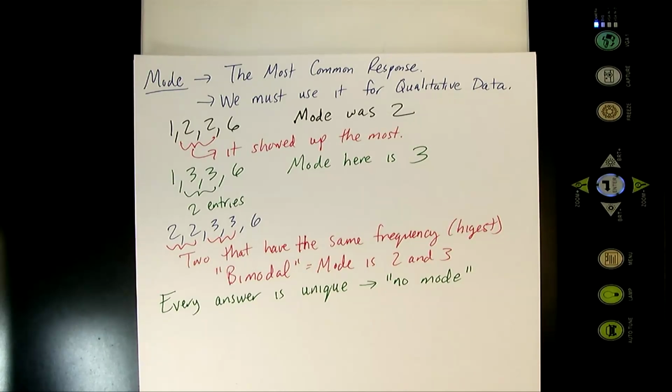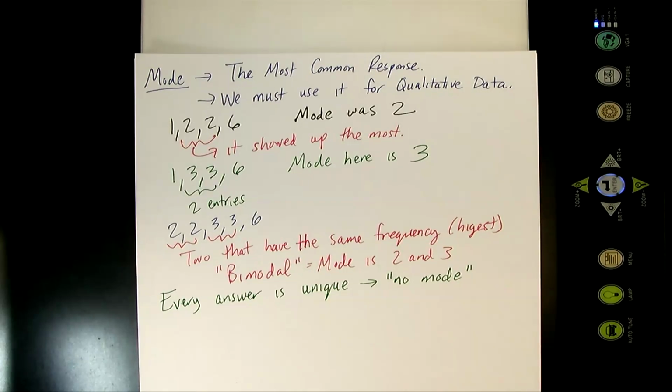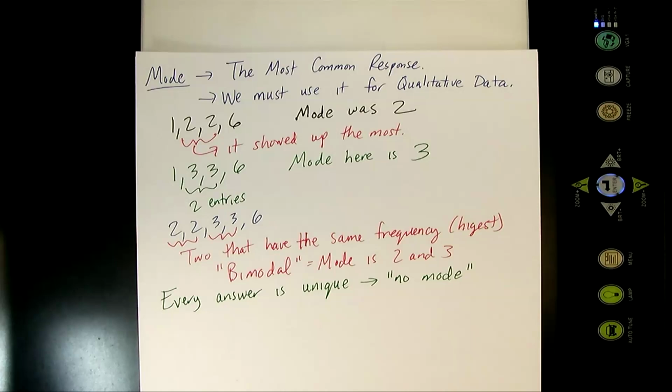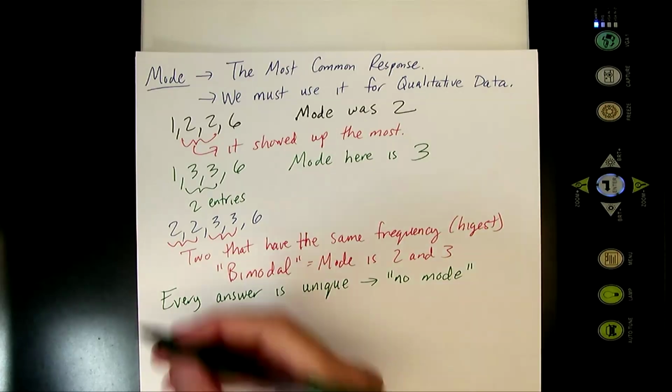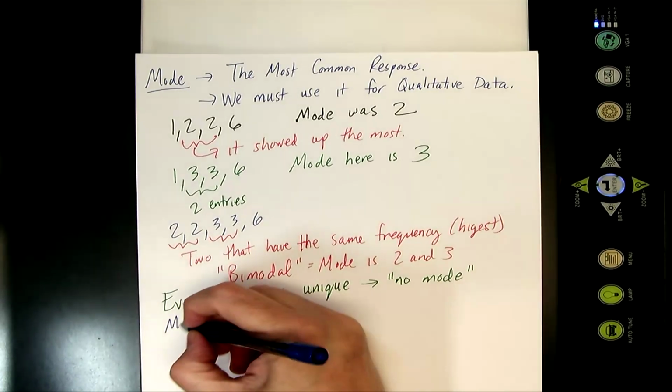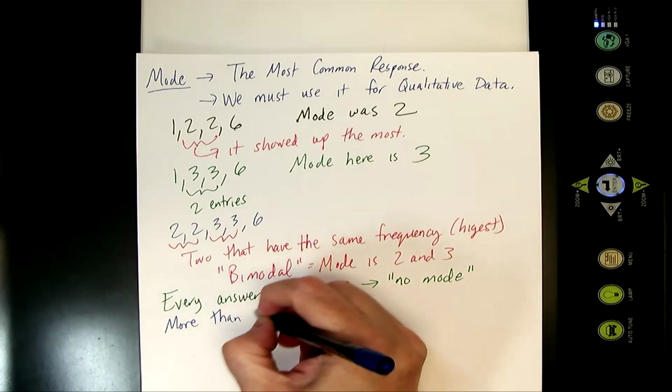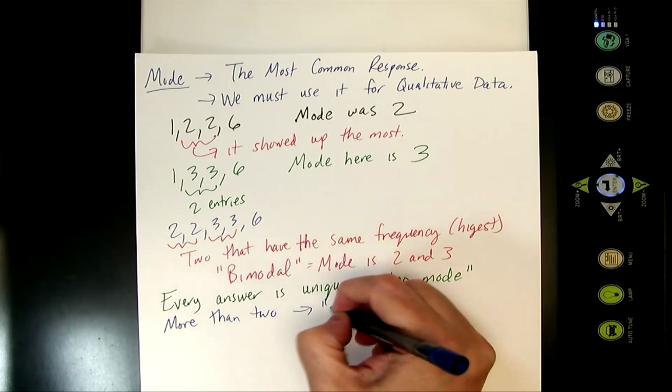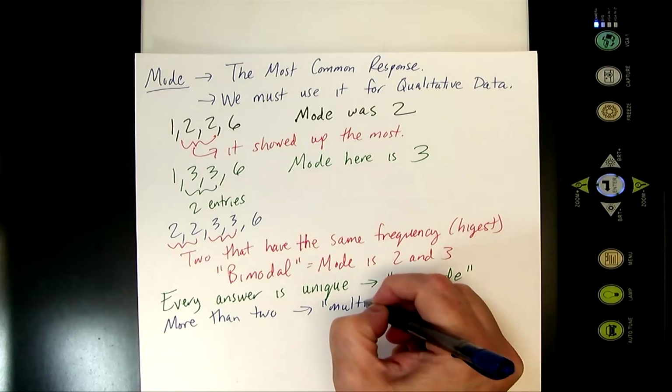Like if people gave their honest weight, this would probably be the case. Scales will do a decimal place, so even if two people said 125, one is probably 125.3, the other is like 125.6, they're not the same. And then if there's more than two, we just call it multimodal, and we leave it alone.